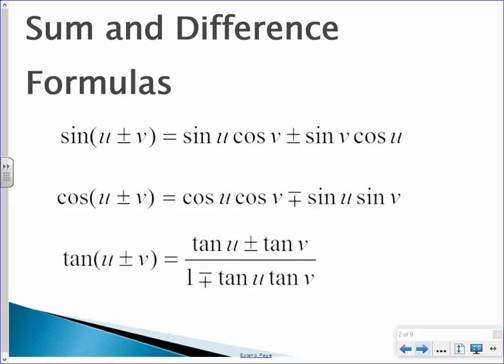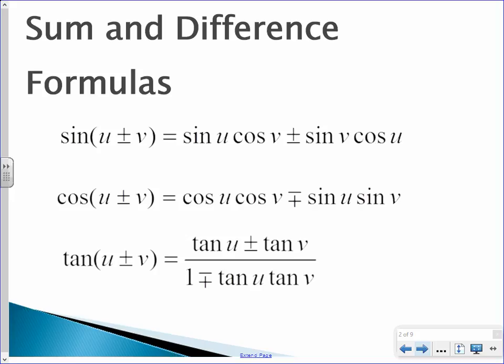And then if you have the sine of two angles that are being subtracted, you're going to have sine u cosine v minus sine v cosine u. Okay? Now, look at the cosine one. Do you notice how that sign switches? That's because if you have cosine of u plus v, then you have cosine u cosine v minus sine u sine v. The sign from here changes to here.